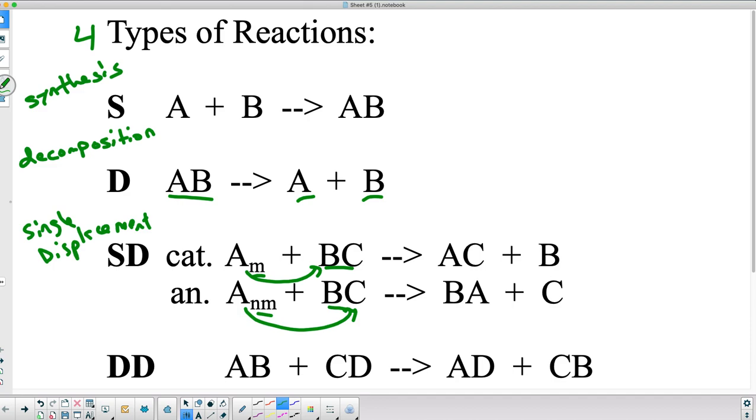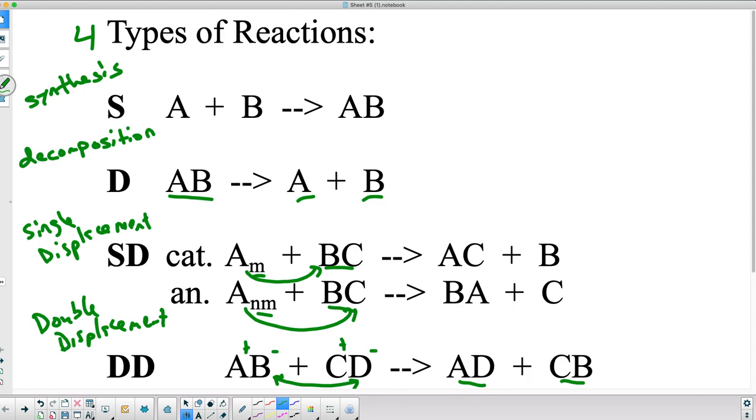So that's single displacement. Double displacement is the one that's so simple and easy because it only happens in one way or one pattern, and that is when the pluses and minuses of the 2 compounds that we have in the reactants switch places. The minuses switch places like this, and we get AD on the other side and CB.